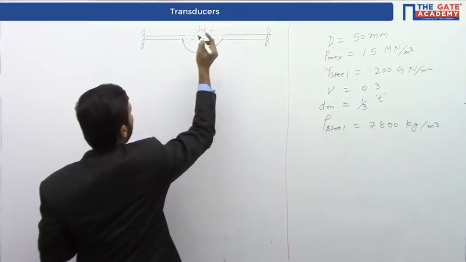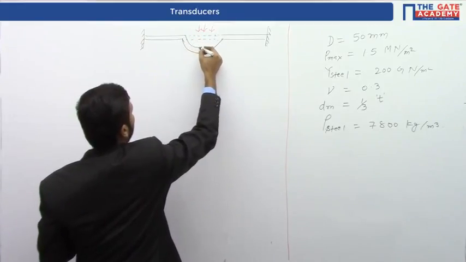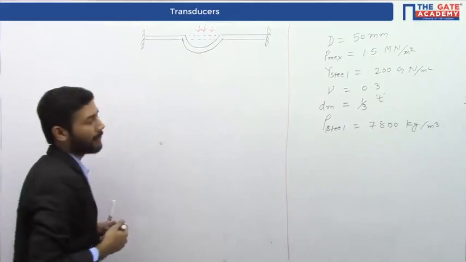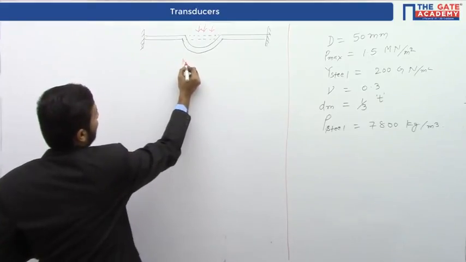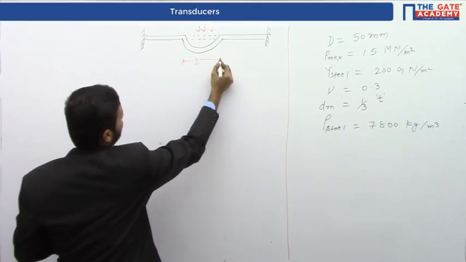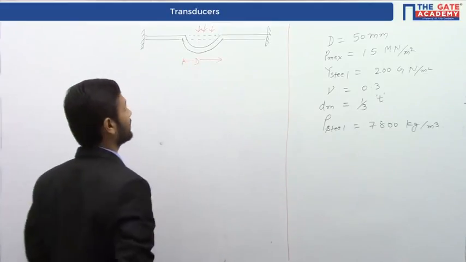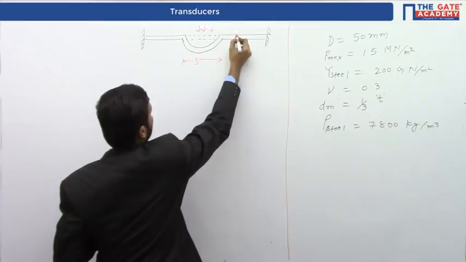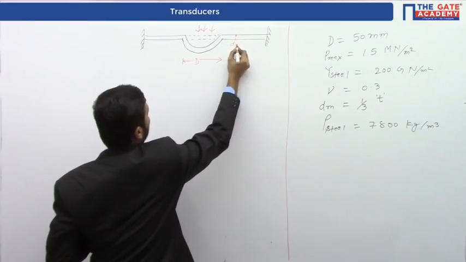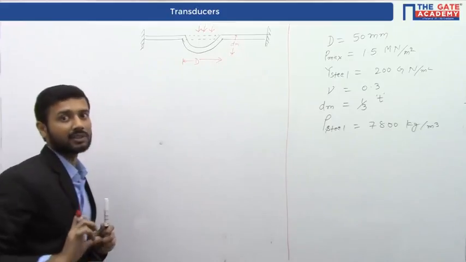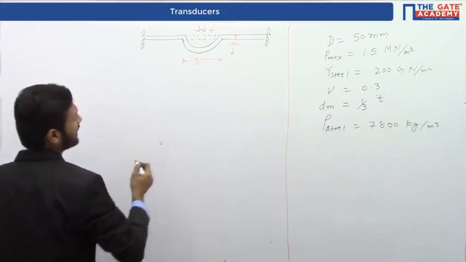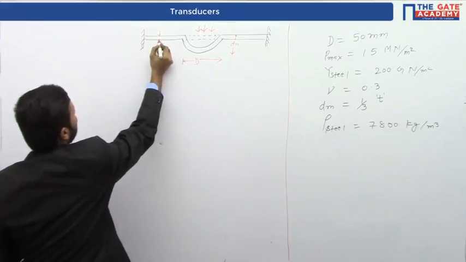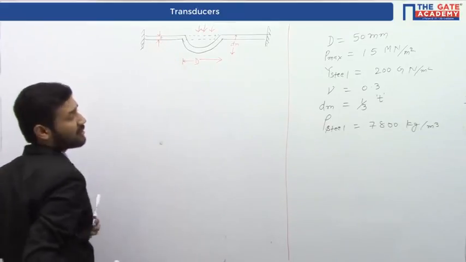The diameter of this diaphragm, I have taken as D. D is the diameter of the diaphragm. This deflection I have written as dm. Now, this is the thickness of the diaphragm.